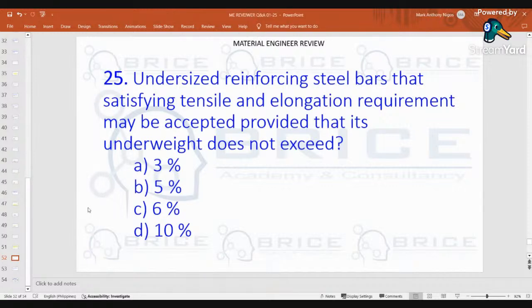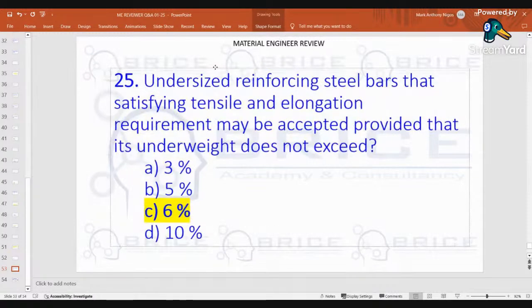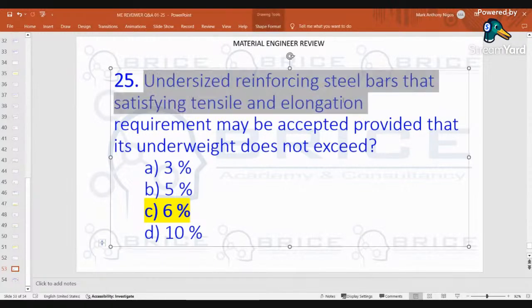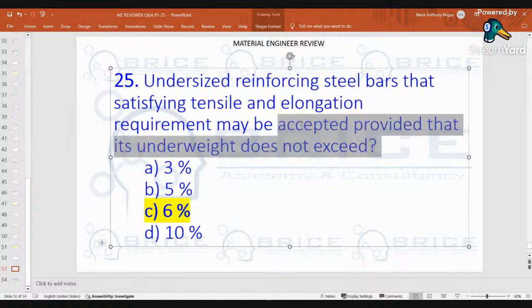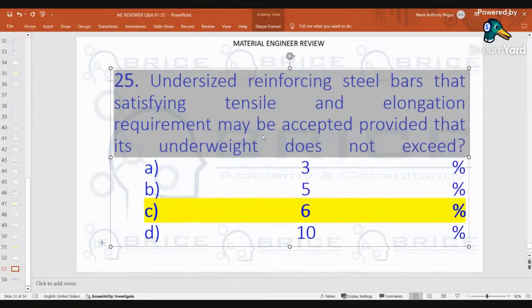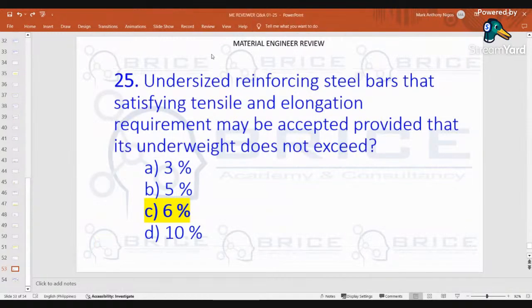Answer is C. 6%. Undersized reinforcing steel bars that satisfy the tensile and elongation requirement may be accepted provided that its underweight does not exceed 6%. Uy, kaya pala, hindi pwede ganyan. The answer is 6%.